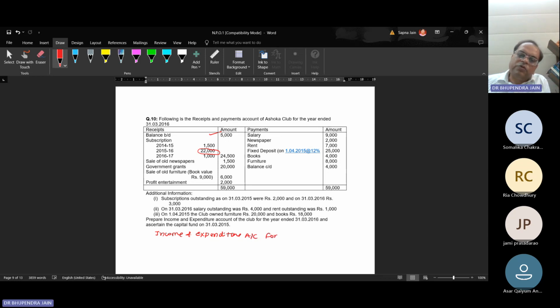Income and expenditure account for the year ending 31st March 2016.